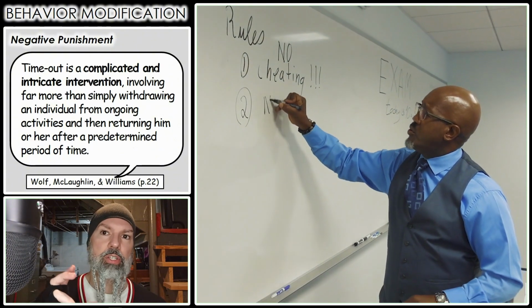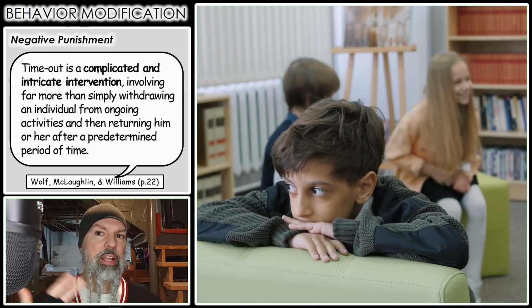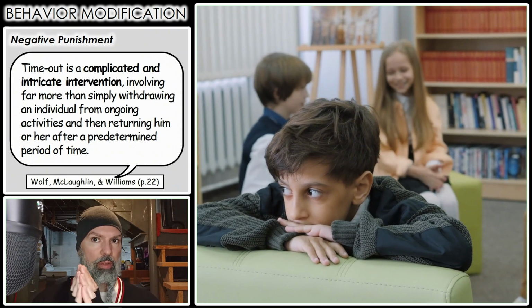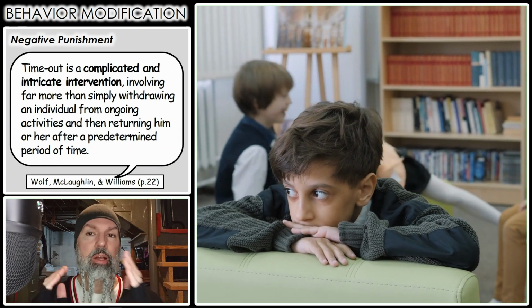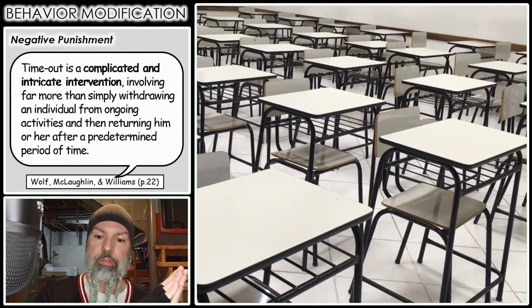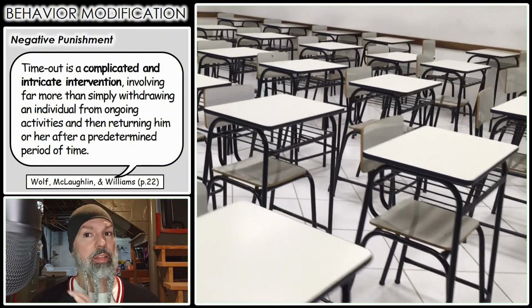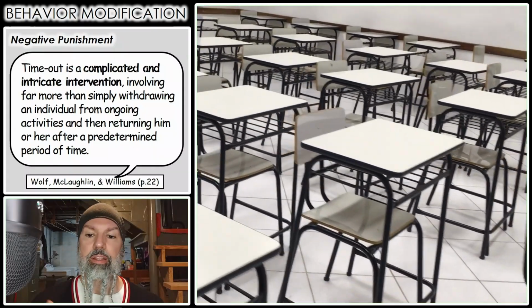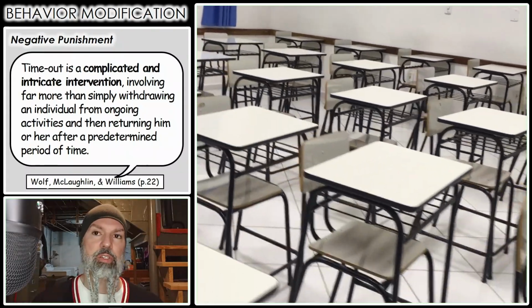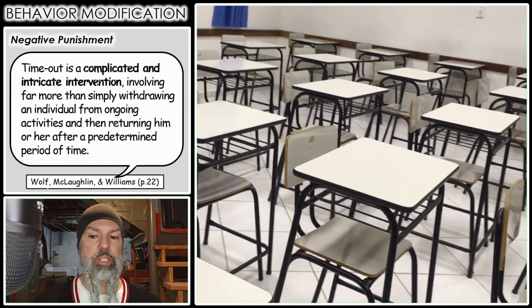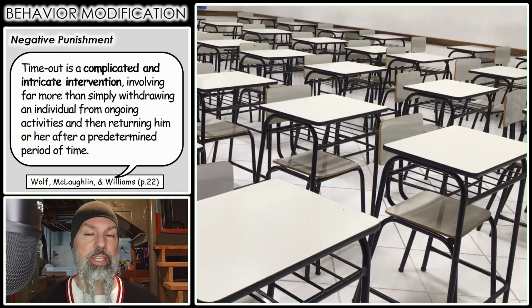Next step, you want to choose the appropriate form of timeout. So we want to prioritize non-exclusion methods of timeout where the learner stays in the environment over exclusion versions of timeout where the learner is removed from the environment. And in this case, you also have to consider logistical constraints, things like school policy, work policies, university policies. You need to consider the individual needs.